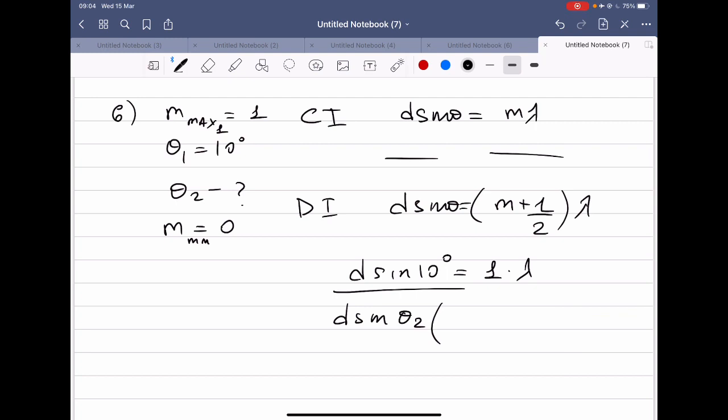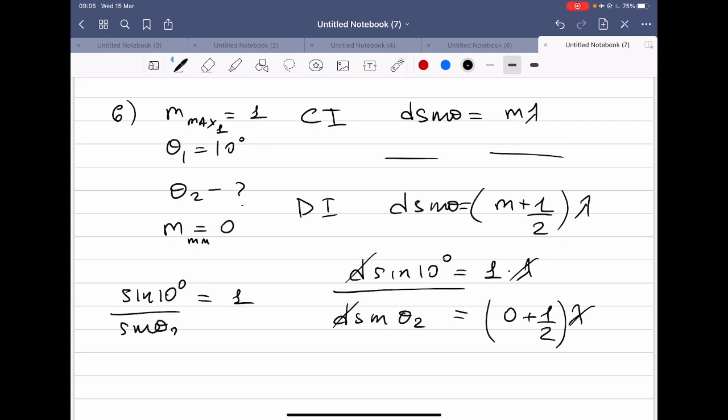Sorry, actually it should be equal, and here we have to substitute 0 plus 1/2 times lambda, okay. So this d will cancel, lambda will cancel, then we end up with sine 10 degrees over sine theta 2 is equal to 1 over 1/2.